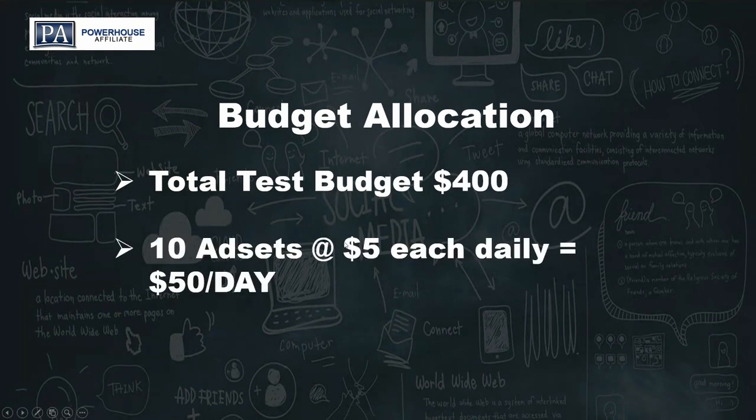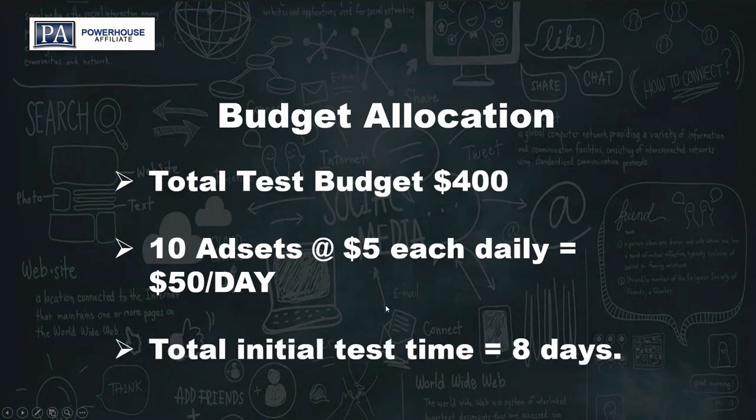I'm going to be doing 10 ad sets, which I'll show you what that means. If you aren't familiar with the Facebook ad platform yet, you will know after this webinar. Trust me, you're going to know everything about Facebook that you need to know starting out. So 10 ad sets at $5 each daily will be $50 per day. So that is going to give me a total initial test time of 8 days, okay?